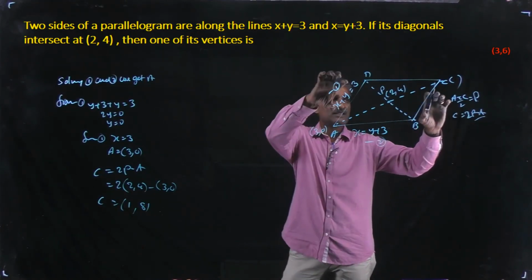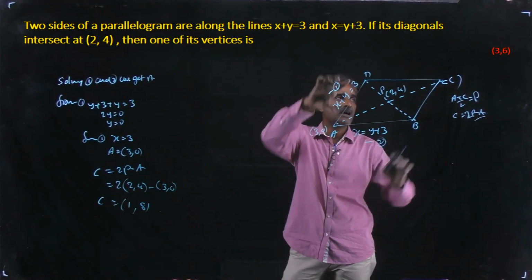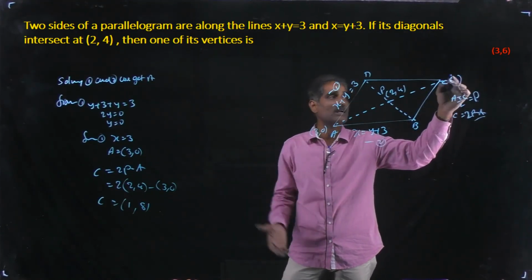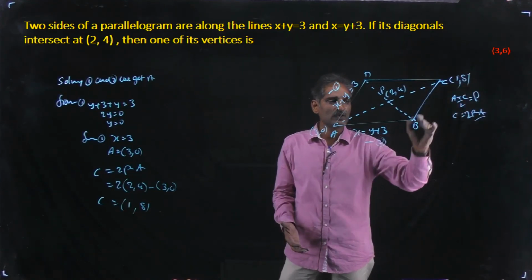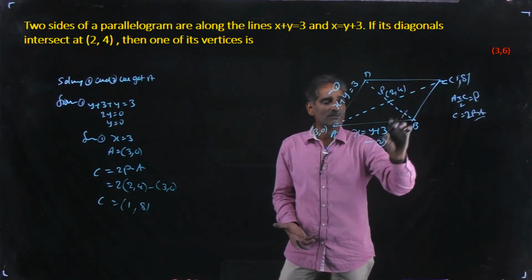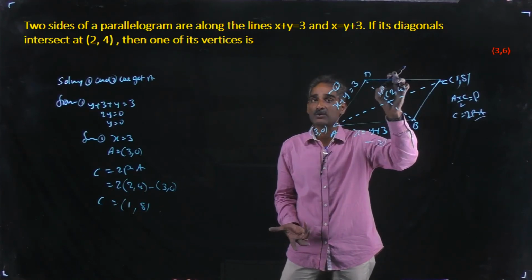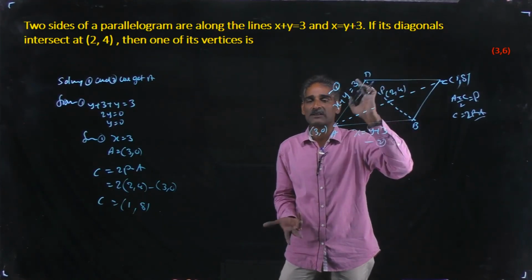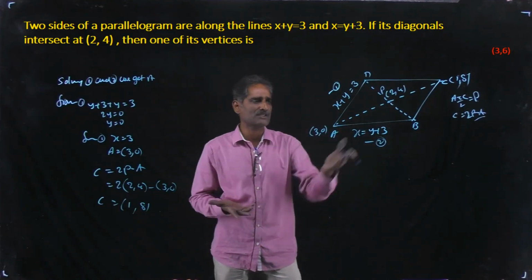This line is parallel to AD and passes through point C (1, 8), so we can find the BC equation. Similarly, we can find the DC equation also. The intersection point of these two gives D. Otherwise, do option verification: just verify the options in both the equations.